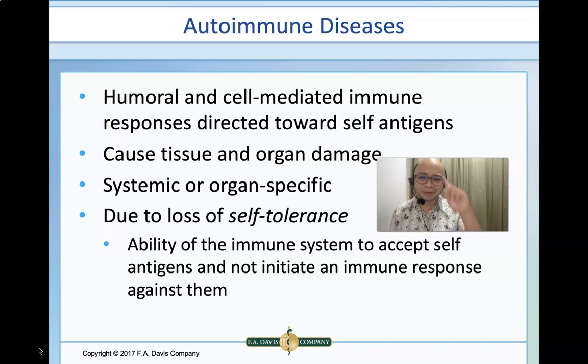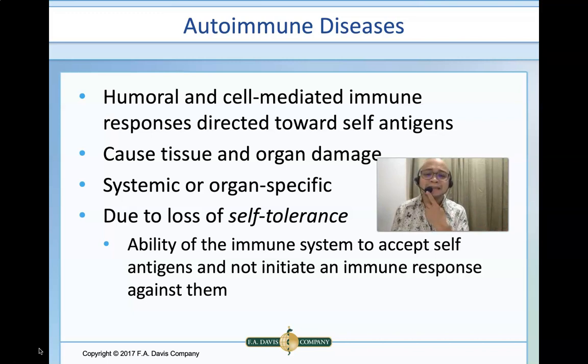Now, one of the most important definitions or characteristics of autoimmune diseases would be the inadvertent loss of the so-called self-tolerance. Now, why is self-tolerance important? Because self-tolerance is the ability of our very strict immune system. Yes, our immune system is very strict. However, even if they're strict, they have the so-called leeway to accept antigen so that they will not mount an immune response.